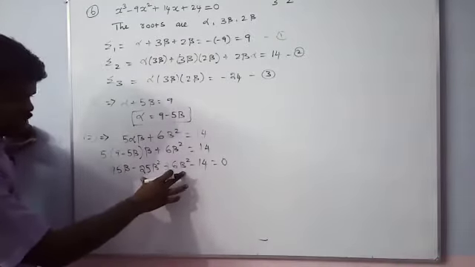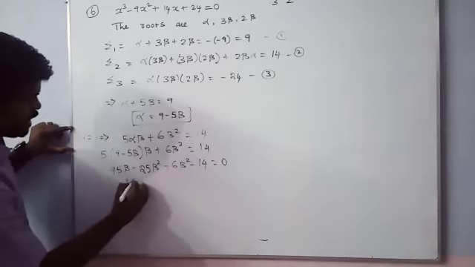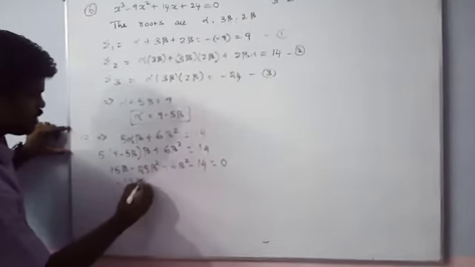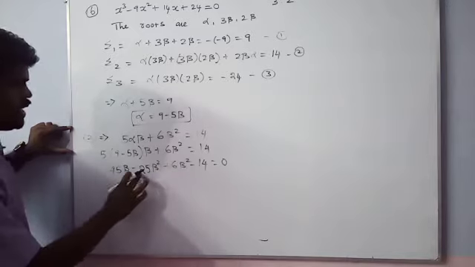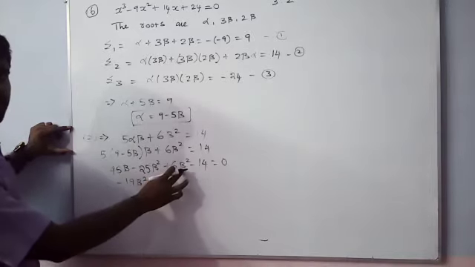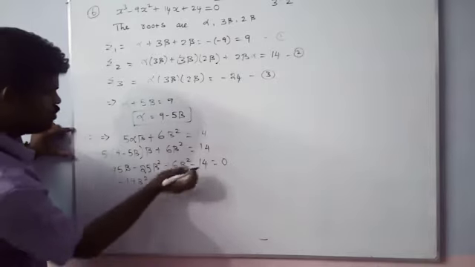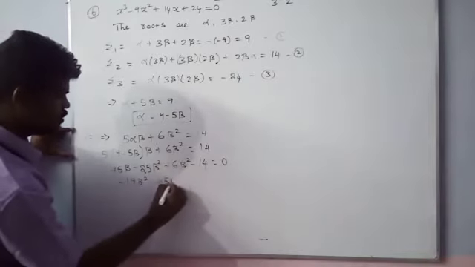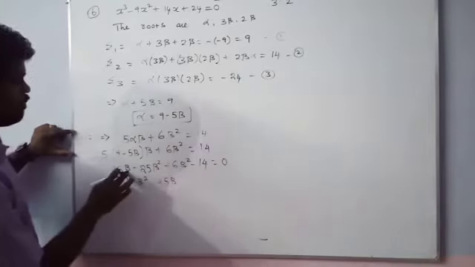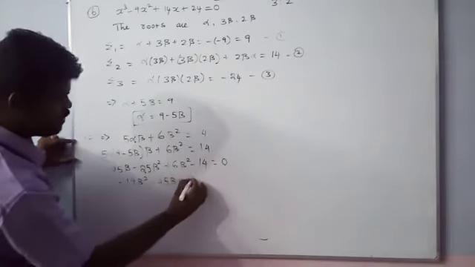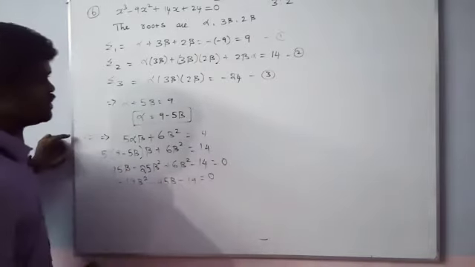Subtracting these terms, we get minus 19 beta square plus 45 beta minus 14 equal to 0.